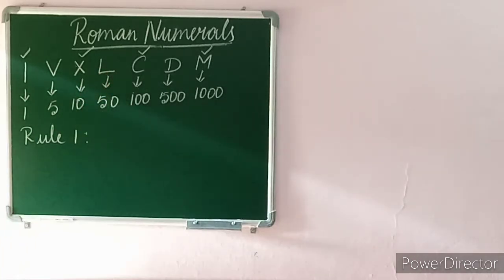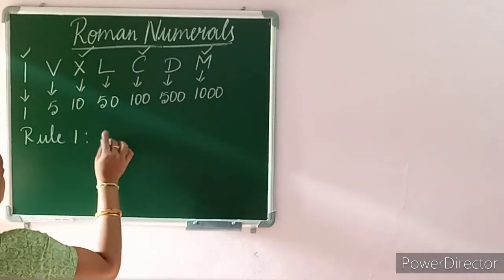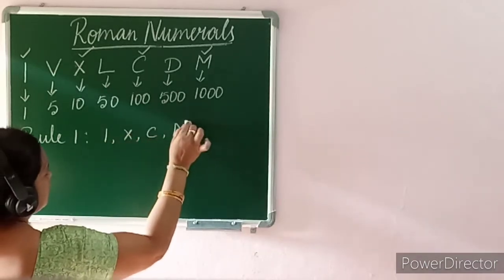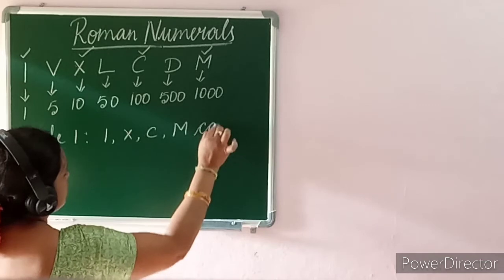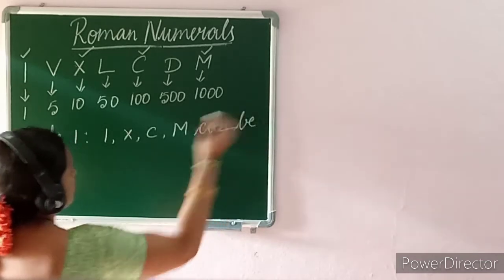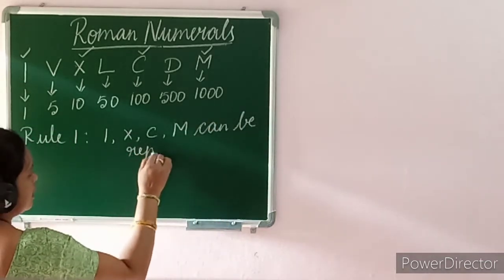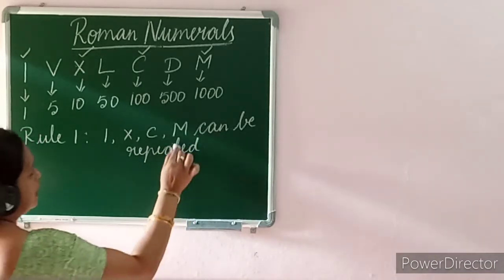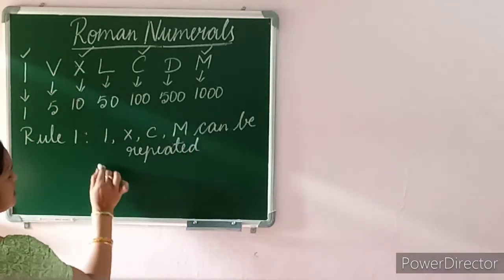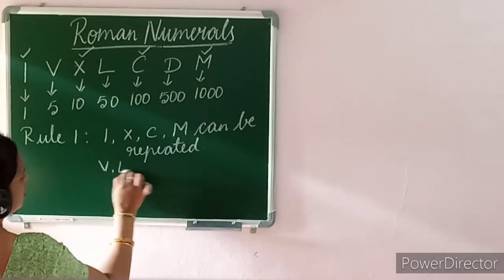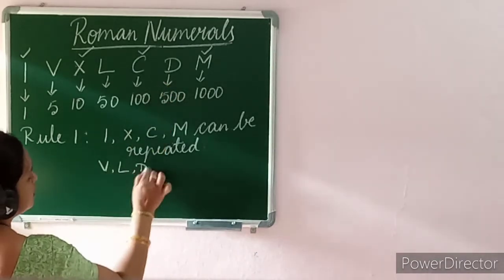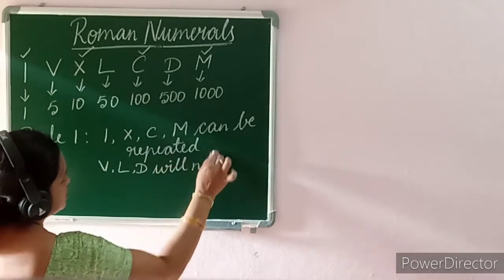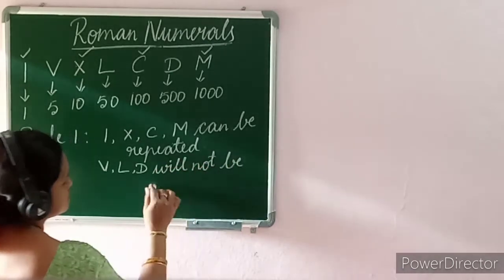So like that, in rule number 1, I, X, C, M can be repeated. And the symbols we left out, V, L, D, will not be repeated. This is our first rule.